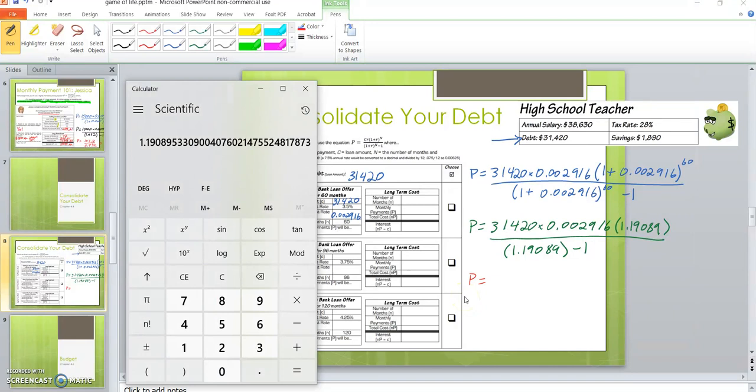So now I can times all the things on the top together. 31,420 times 0.002916 times 1.19089, and that gives me 109.11.